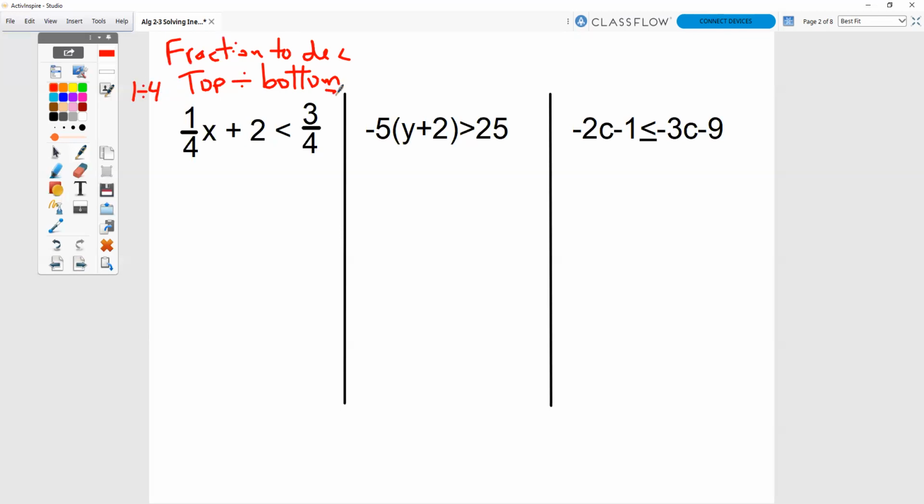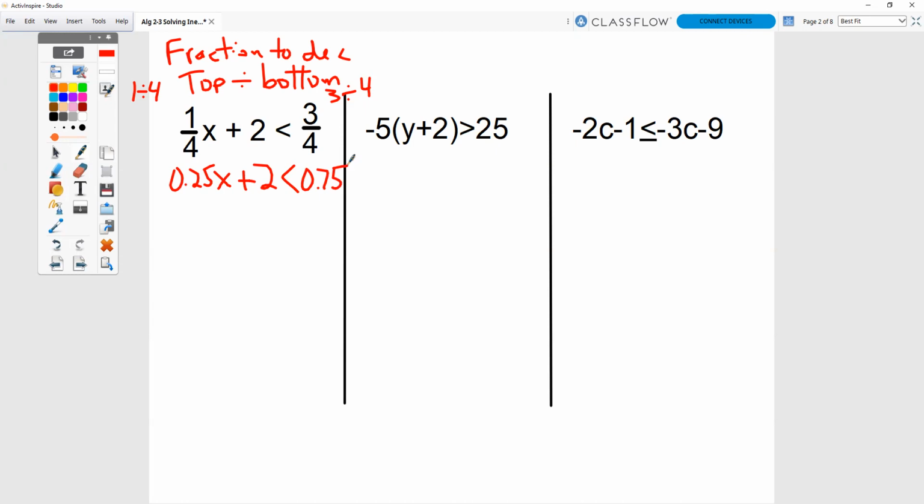You're going to do 3 divided by 4 here. Always top divided by bottom. Change it to a decimal. Decimals are just a lot easier to work with. So 1 divided by 4 is 0.25x. Plus 2 is less than 3 divided by 4 is 0.75. Just changing them to decimals just makes life a lot easier.